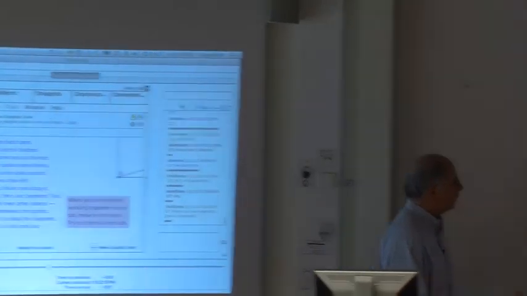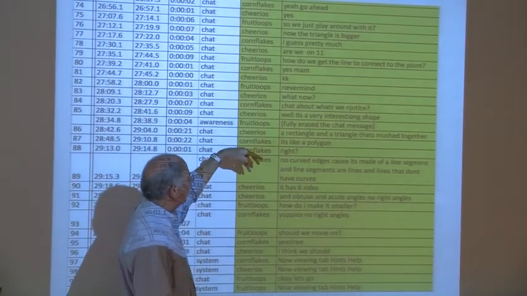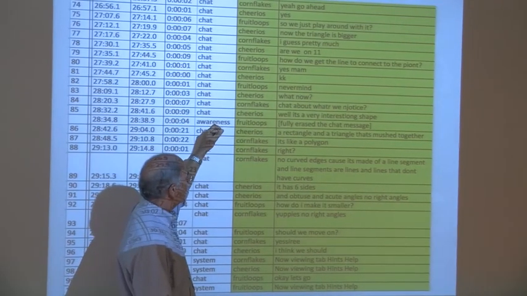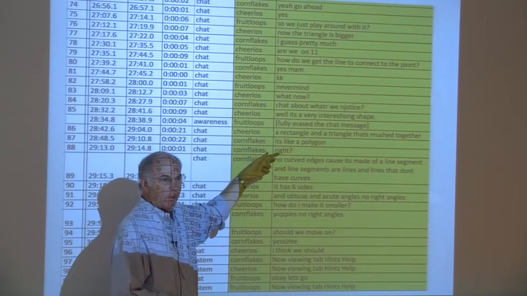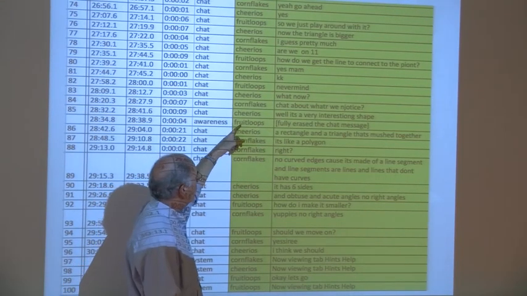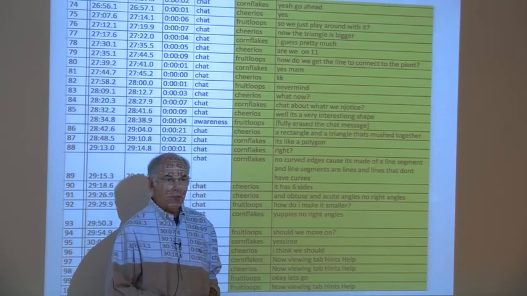That was the prompt. And so here, Cornflakes repeats the question, chat about what we notice, question mark. So like you say, they've converted it into a question about what they should do. And so Cheerios' reflection is, it's a very interesting shape.